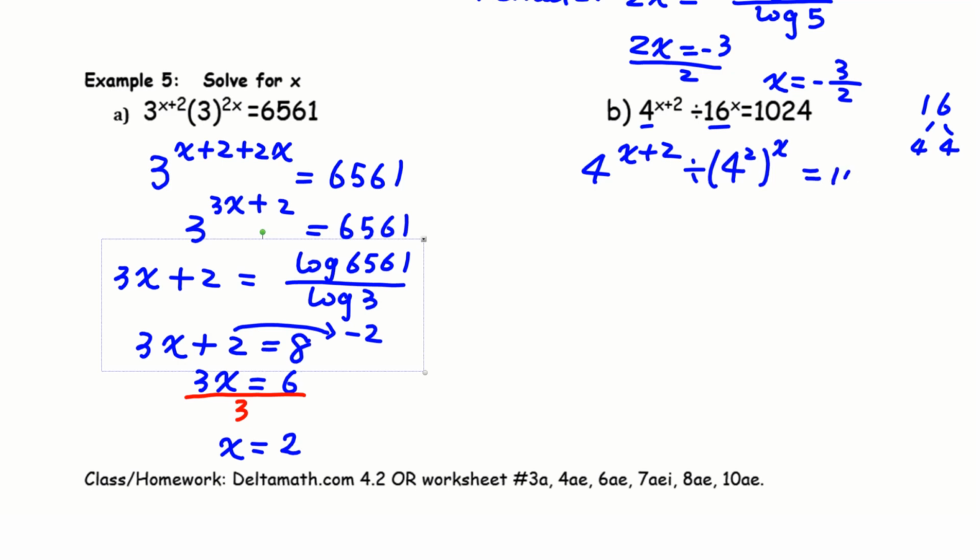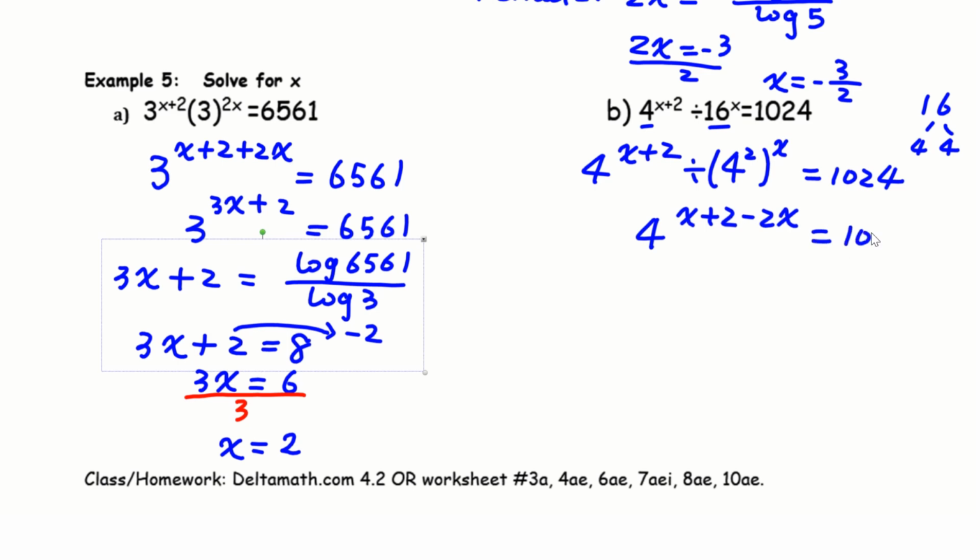Equals 1024. For power division with the same base, we subtract the exponents. So the power of a power is 2 times x, multiplication. After that, we do the subtraction for division.